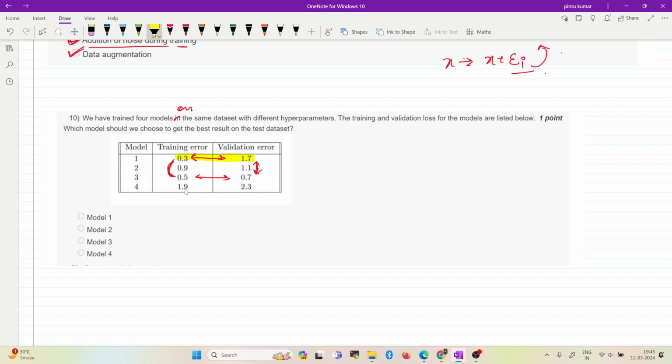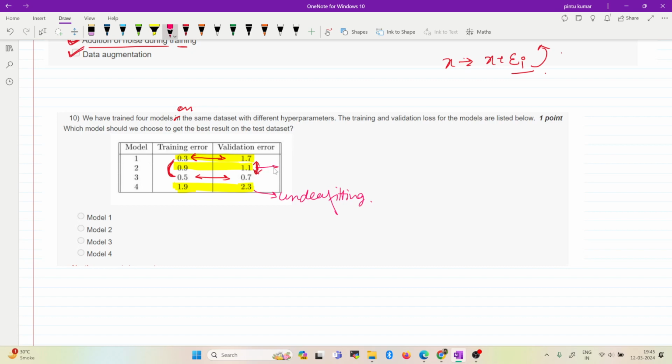So what is happening for this last one? For the last one, the training error is high, and the validation error is also high. So this is the case of underfitting. Here also, if we look at this example, the training error is still high and the validation error is also high.